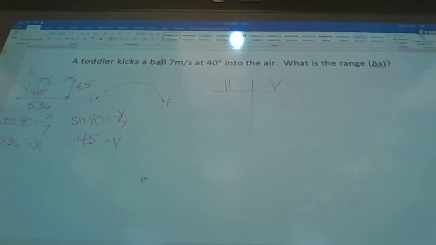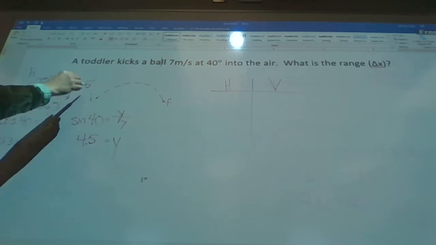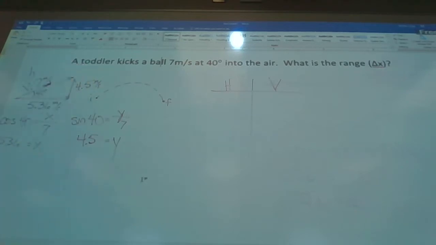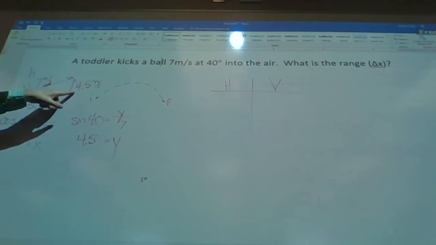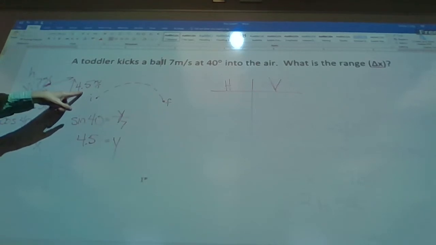To answer that, part of the way to answer that, whatever that unit is, that has to be the same units for all sides of the triangle. So, pop quiz. Is this the height? Is this how high it went? Height would be measured in what? Meters. You have meters per second.